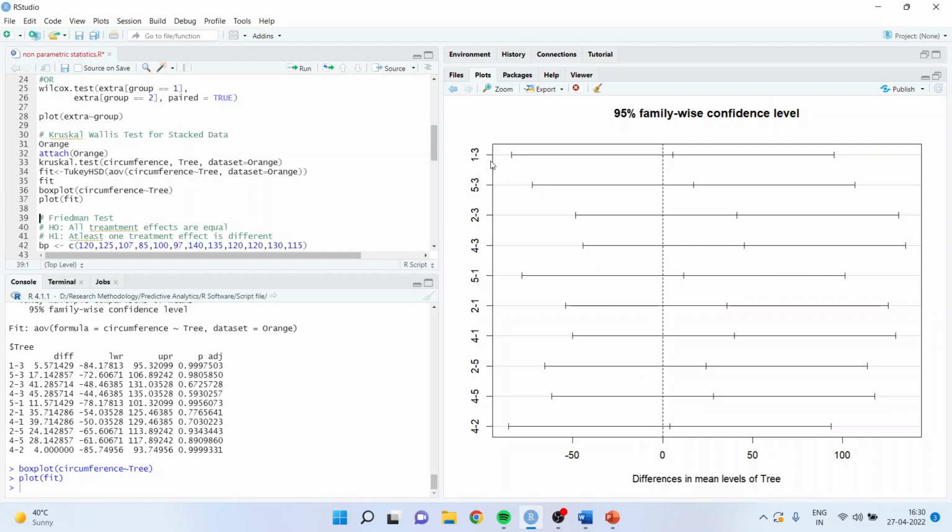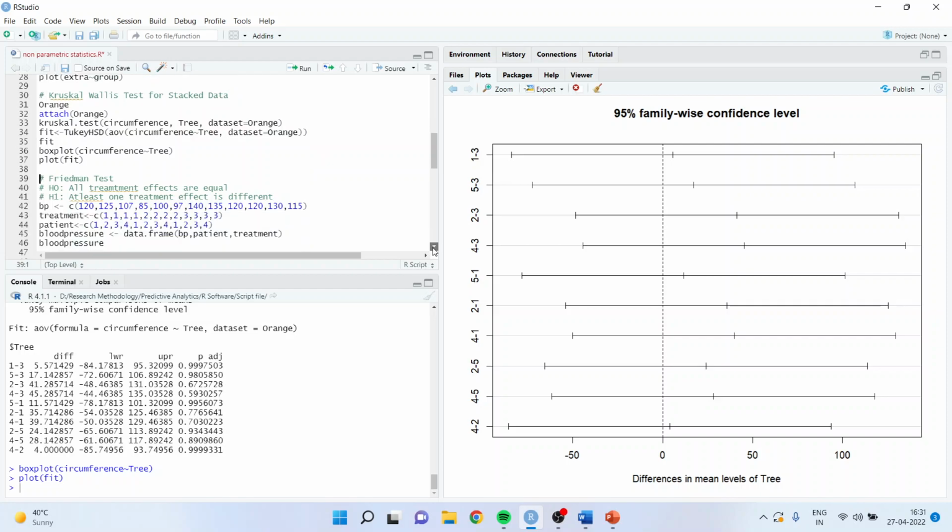So 1 and 3, this is a confidence interval of 1 and 3. As it is dissected by 0, we can say that the difference is not so large. I'm looking for the pair whose confidence interval is not dissected by 0, then we can say that the difference is very, very large.